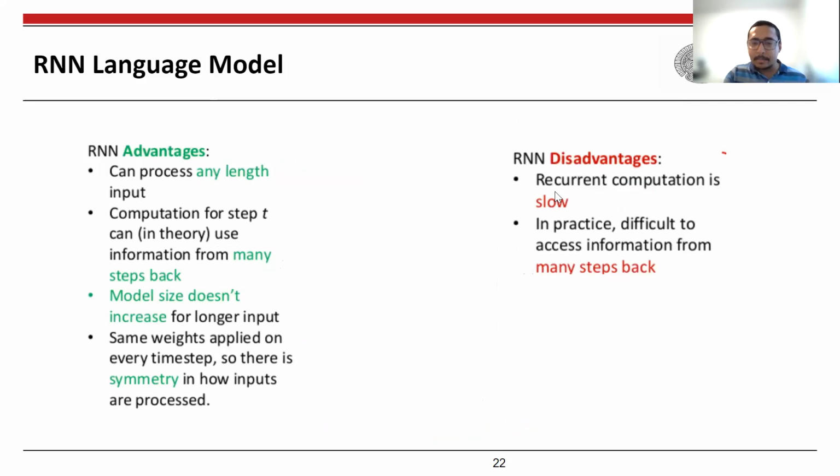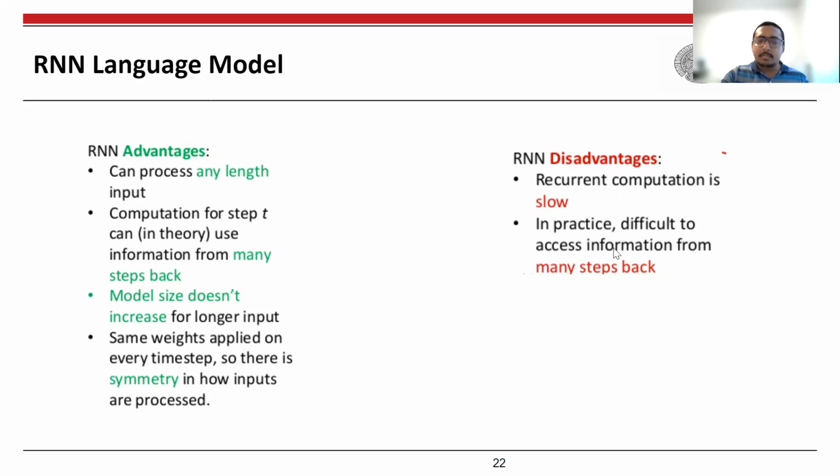This computation depends on what happened before, so there is no way to parallelize it. Every single t needs to depend on t-1. That is why this is quite slow to implement, and that is why eventually this model got replaced by something else. But yes, you can understand the logic of using this approach.